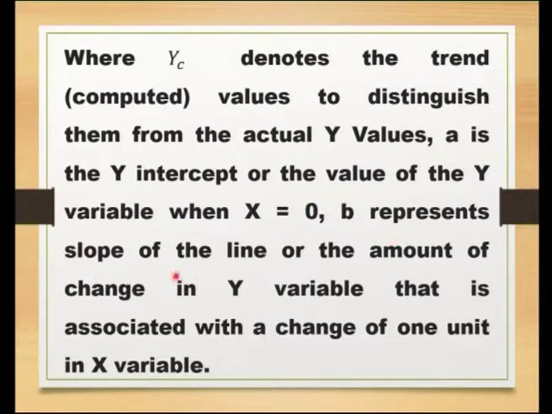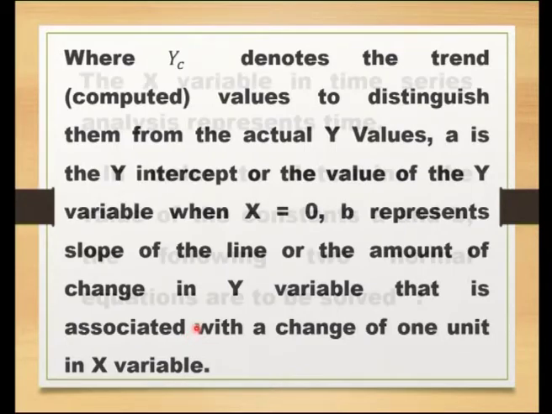B represents the slope of the line, or the amount of change in y variable that is associated with the change of 1 unit in x variable.